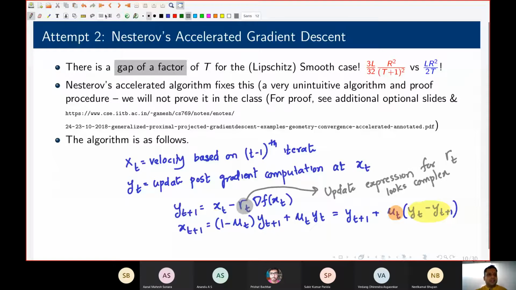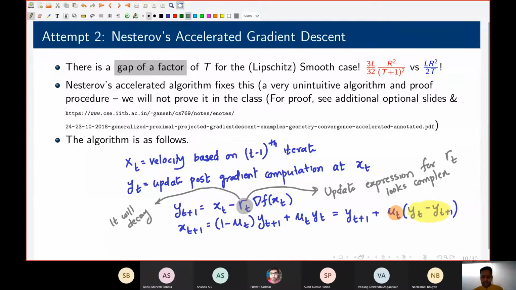It's a decaying update. Yeah, it decays, but not exactly exponentially, it's a slightly more complex decay.